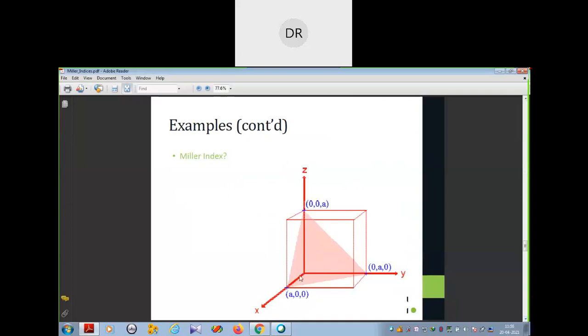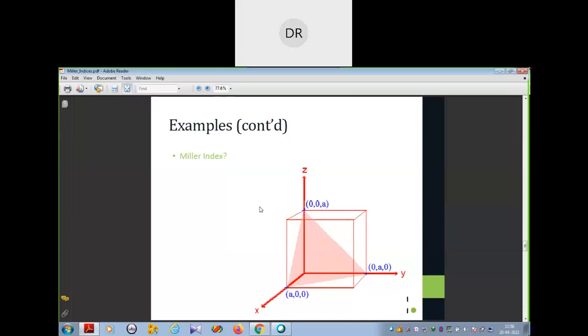See here, this is the axis. This plane cuts the points at a. I am not considering 1 1 1. If it cuts the x-axis, the coordinates of this point will be 1 0 0, in the y-axis the coordinates will be 0 1 0, and in this axis 0 0 1.